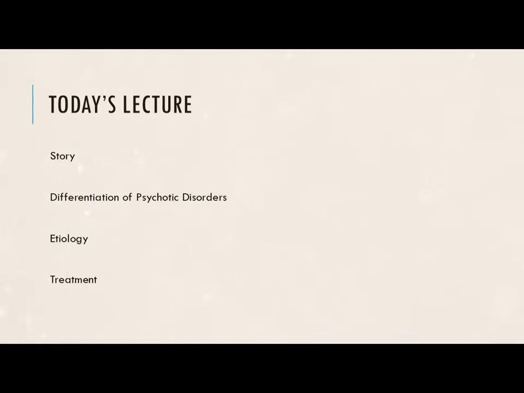When I first started in this field, we didn't talk about schizophrenia. We talked about schizophrenias. There are many different types, and as the nosology of schizophrenia has grown and changed and been refined, we've put it all on a bit of a spectrum.